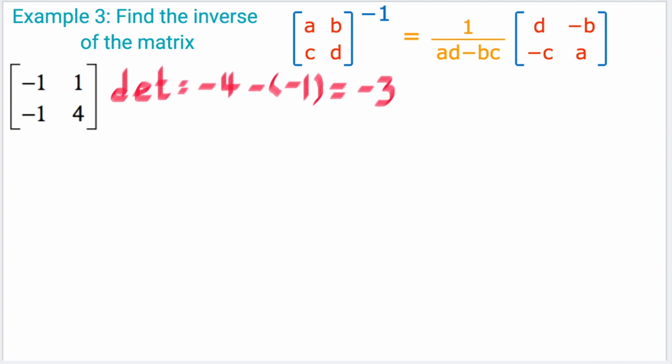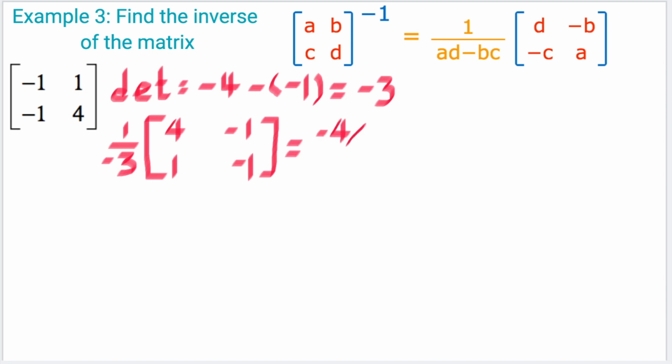That's the determinant. Turn it into a fraction, 1 over -3, and then multiply by switching A and D, so switch -1 and 4. So 4 goes up, -1 goes down, and then the other two values, you make them negative. So this -1 becomes a +1, and the other one becomes a -1. And then now you're ready to multiply times the coefficient. So the first value up there is going to be -4 over 3.